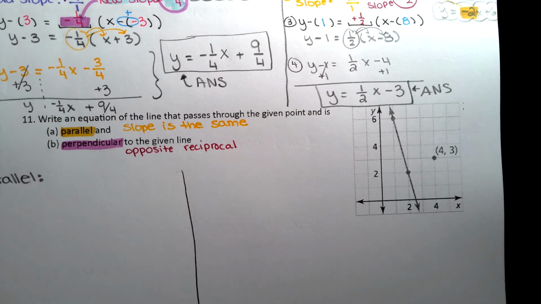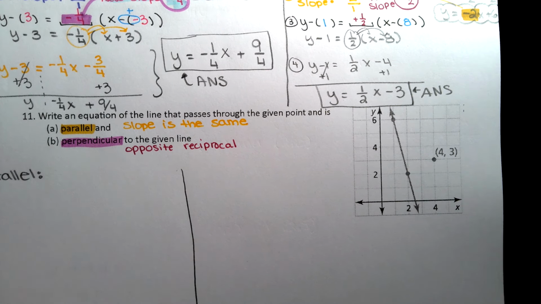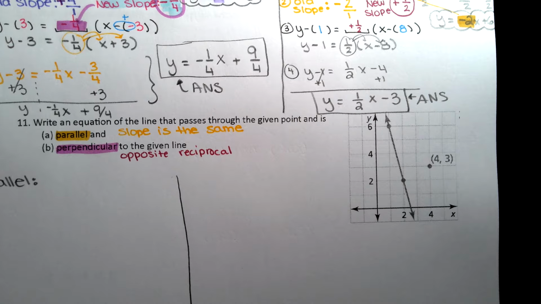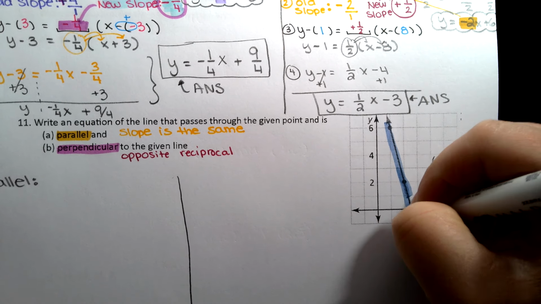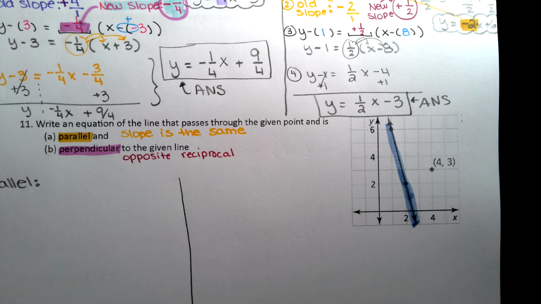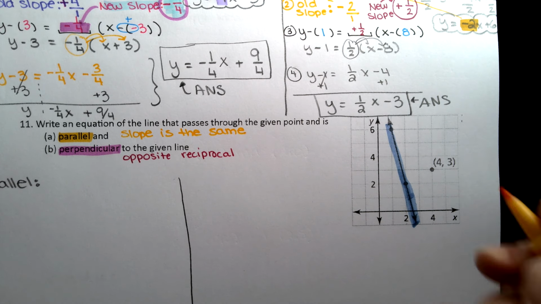Okay, so they do not give us an equation to take a slope from, but they are giving us a line. And we want this line to be the one that we're using, kind of like they gave us an equation in number 9, A and B. They're giving us a line just without the equation. This is the line that we're going to take slope from.